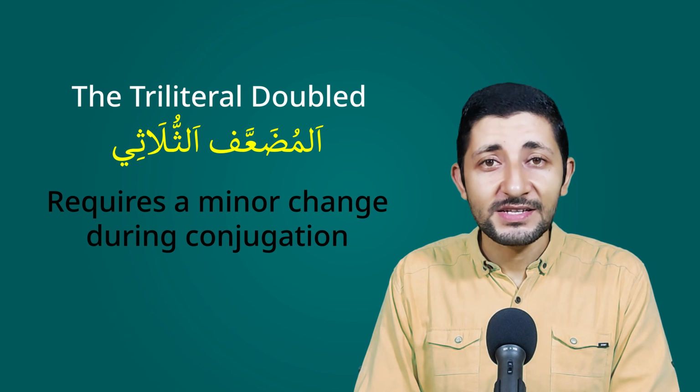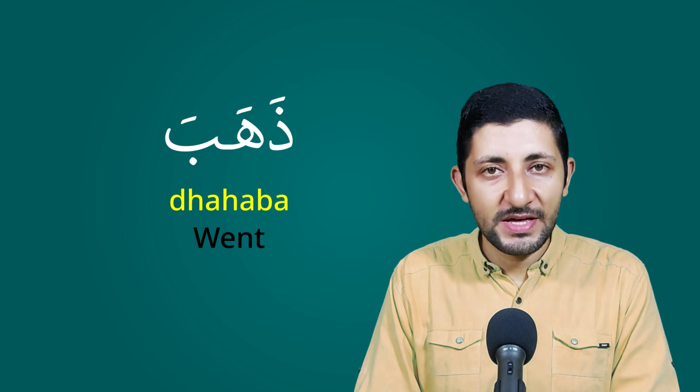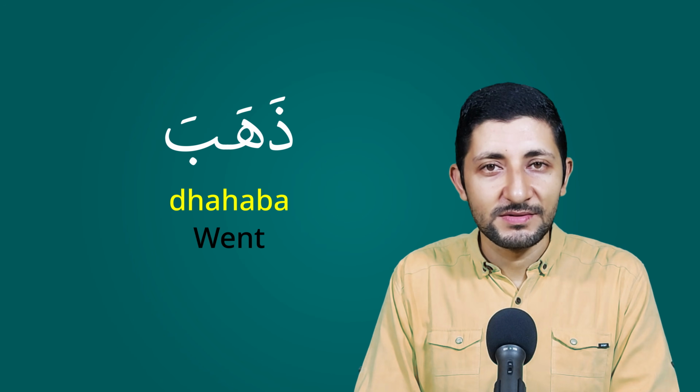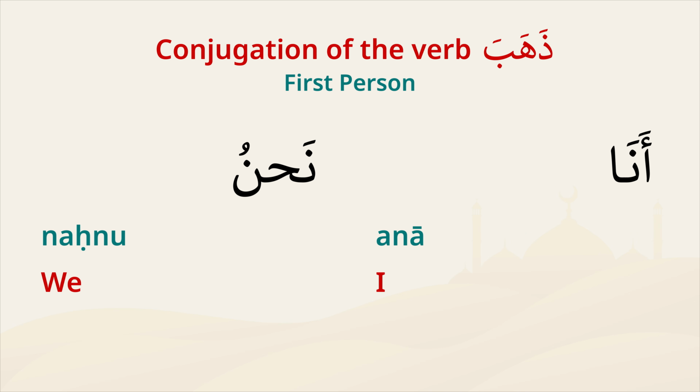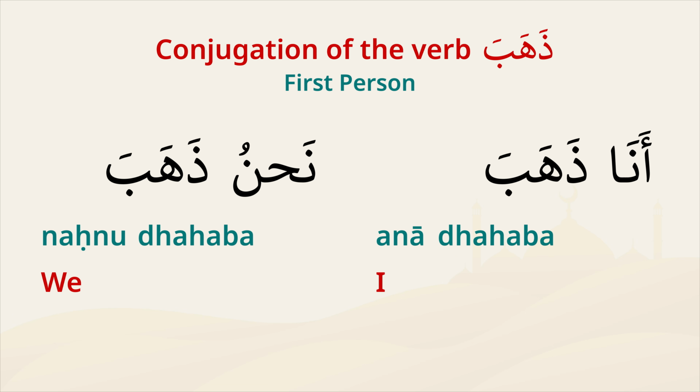Starting with the intact verb ذهب, to go. For the first person, we have only two pronouns, أنا and نحن. Here is a verb in the past tense. What we will do is to add the corresponding suffix for each pronoun, tu and na.